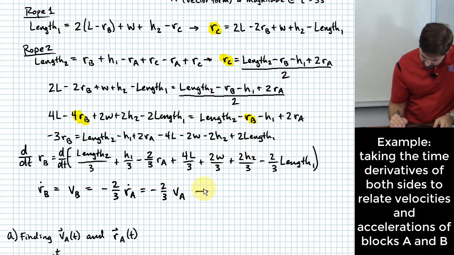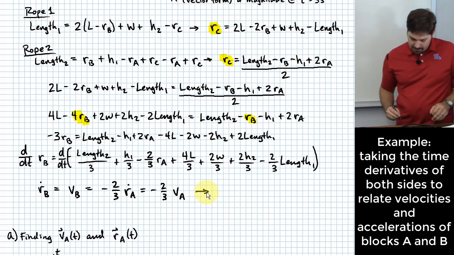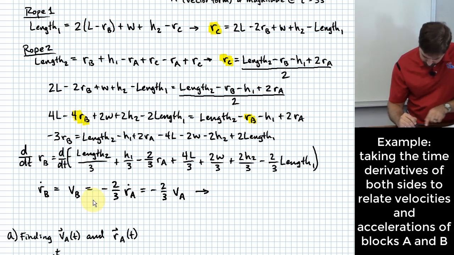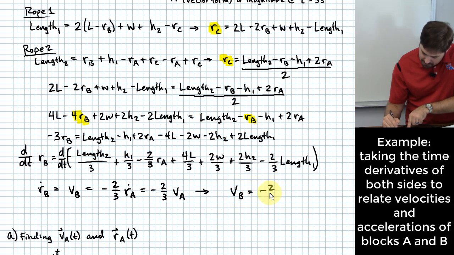So, to put a point on this, I'll state it this way. VB is going to be equal to minus 2/3 VA.